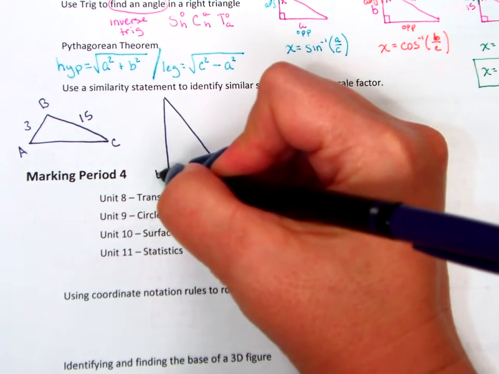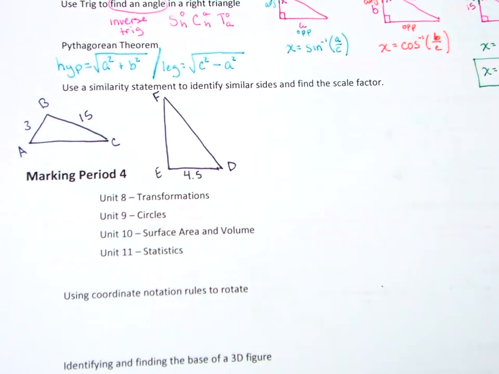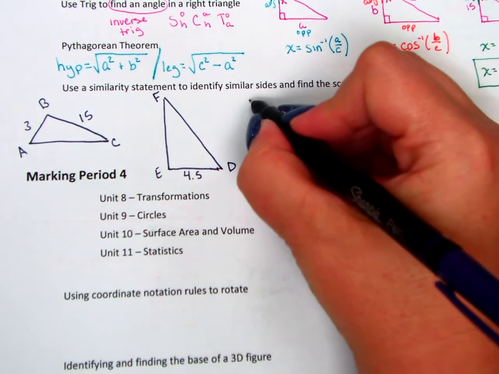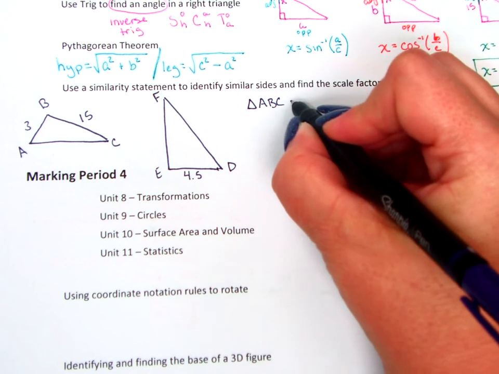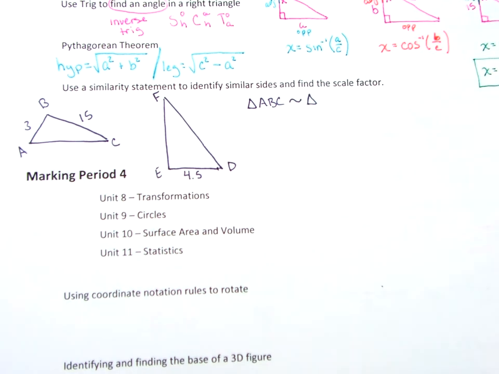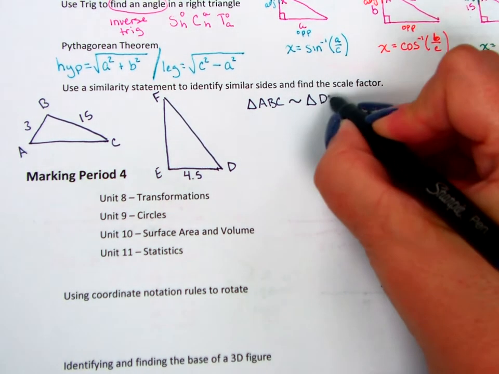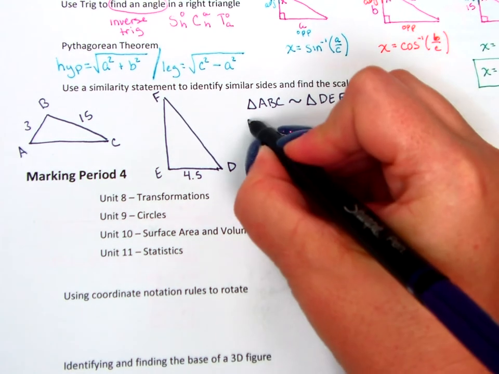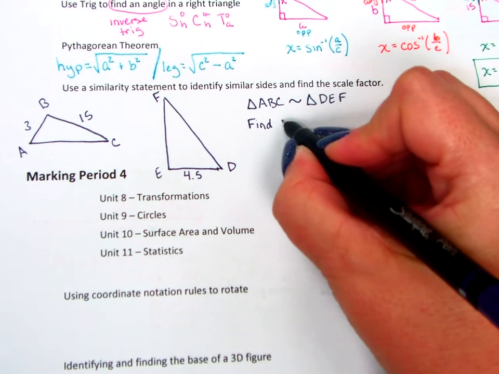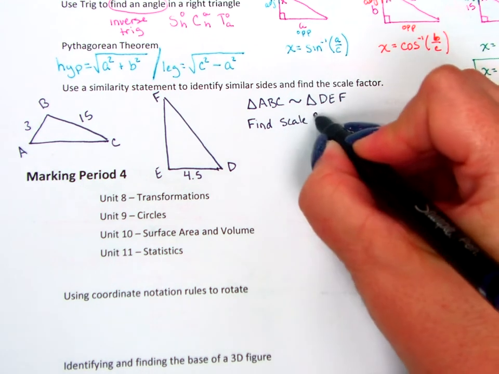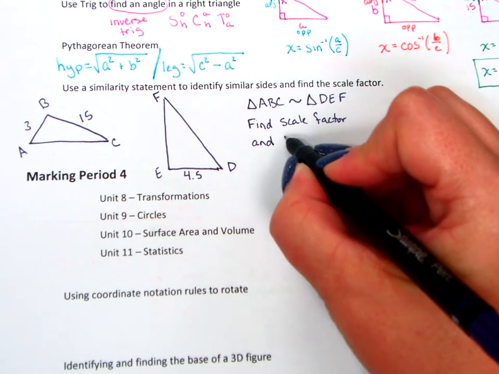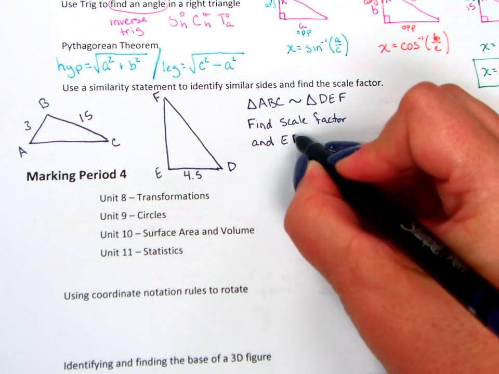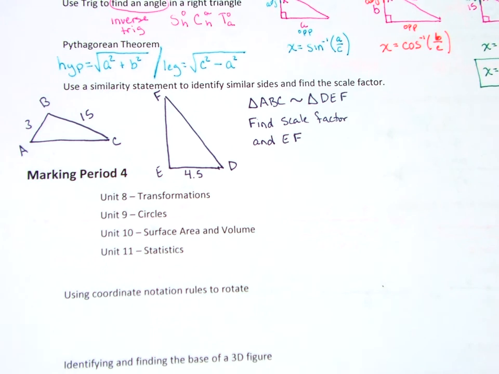And let's say this is 4.5. This is D, E, and F. And I tell you triangle ABC is similar to triangle DEF. I'm going to ask that we find the scale factor and the distance from E to F.